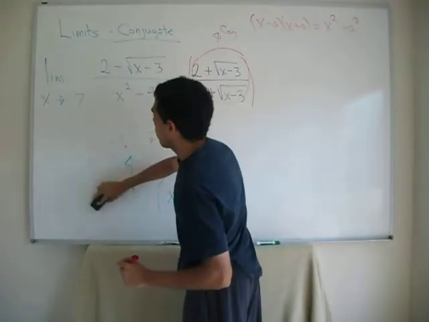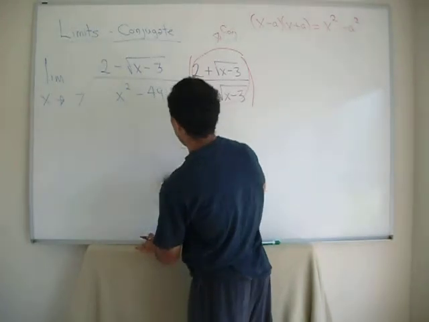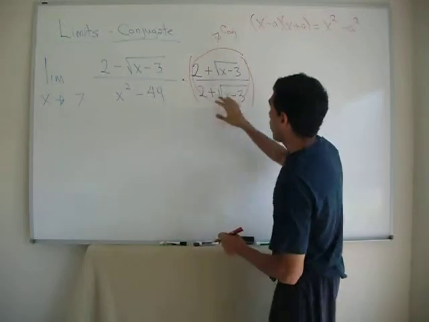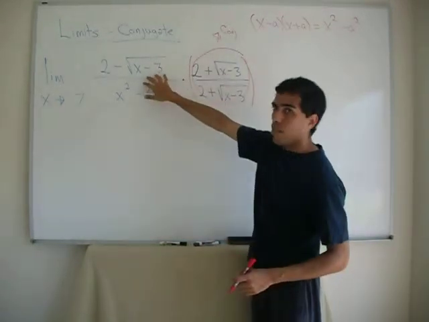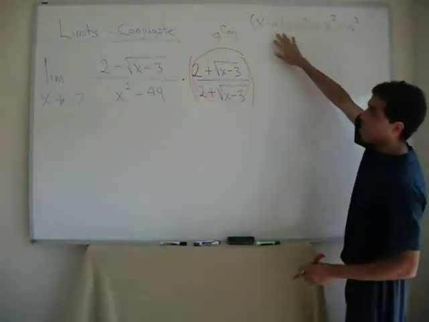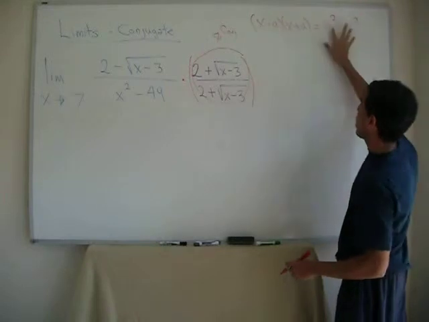Now, how is that going to help us solve the limit? Well, just give us a few seconds, and you'll see. So, if this expression is the conjugate of this, and by using this property, I can rewrite the upper part of the function like this.